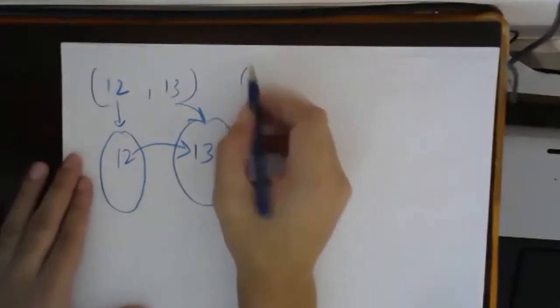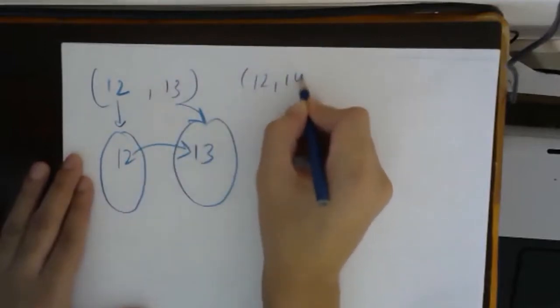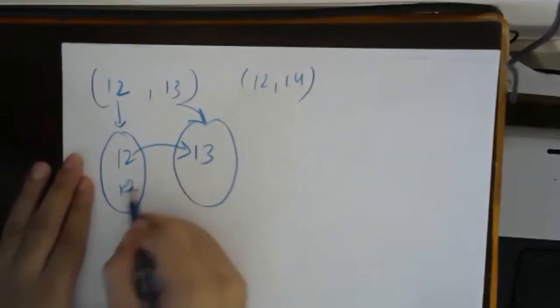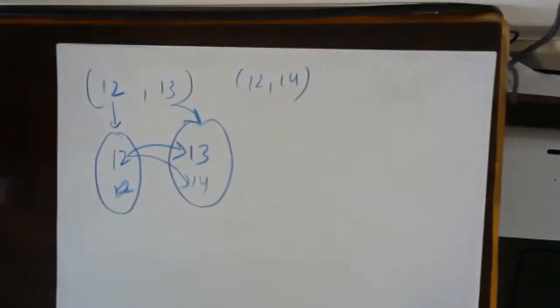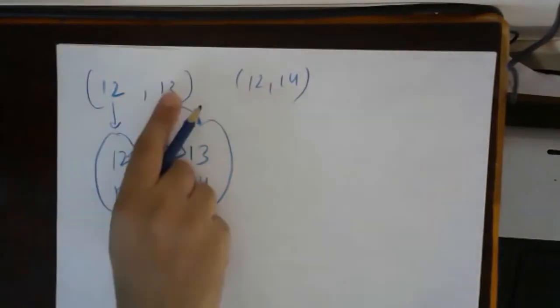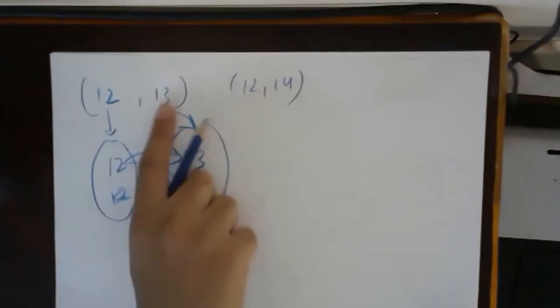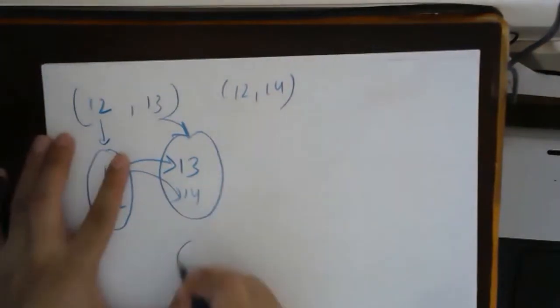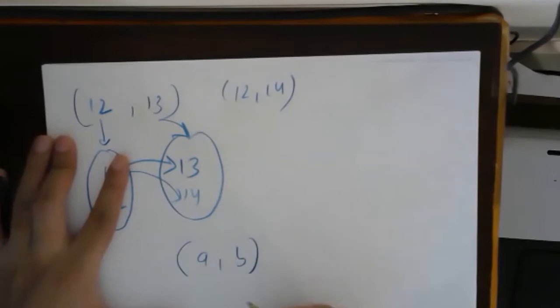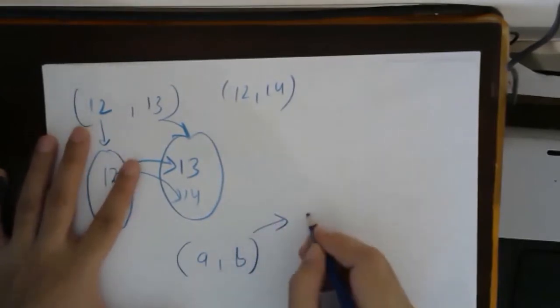If I write 12 comma 14, that means this 12 was also linked with 14 somehow. We do not know exactly how it was related, but it is related. We know that there is a relation between 12 and 13 and 12 and 14. Okay, so this representation a comma b is known as an ordered pair.